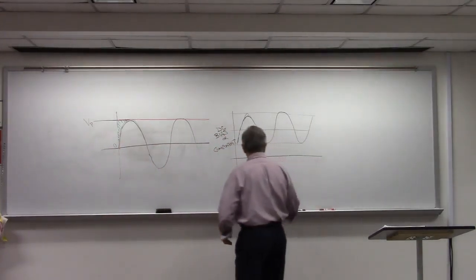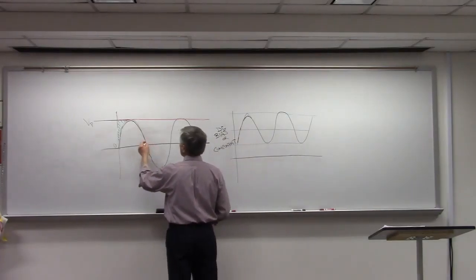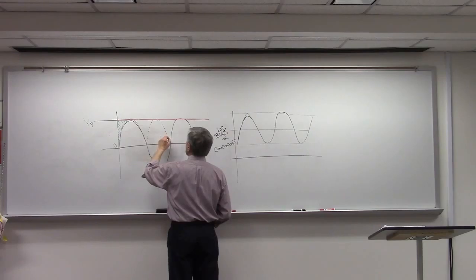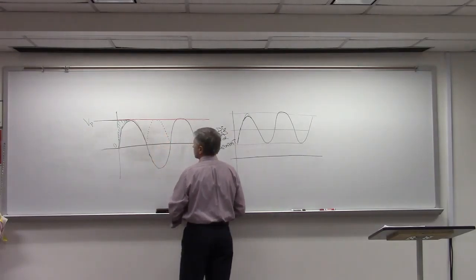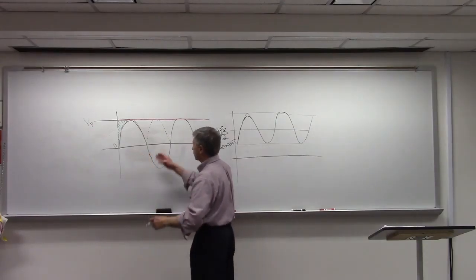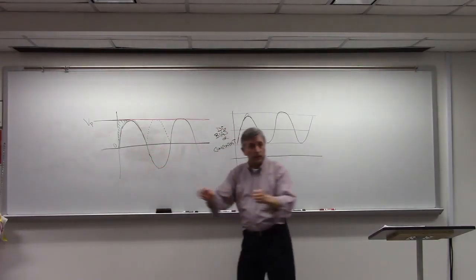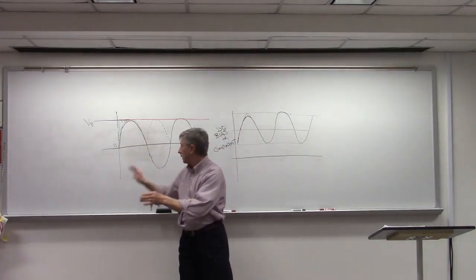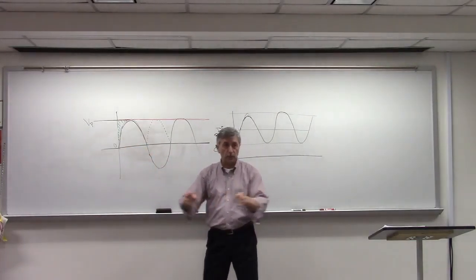And if I take this negative portion of the waveform and just bring it up here, just for illustration purposes, this would represent the electrons going in another direction.